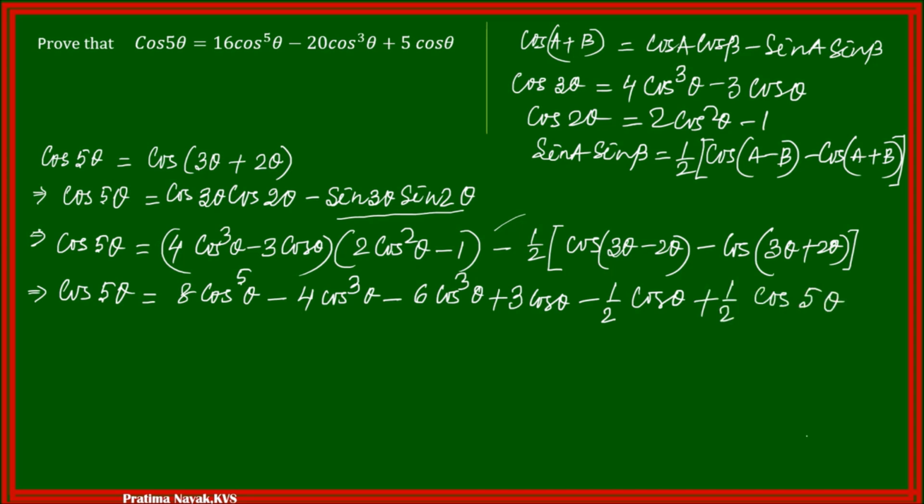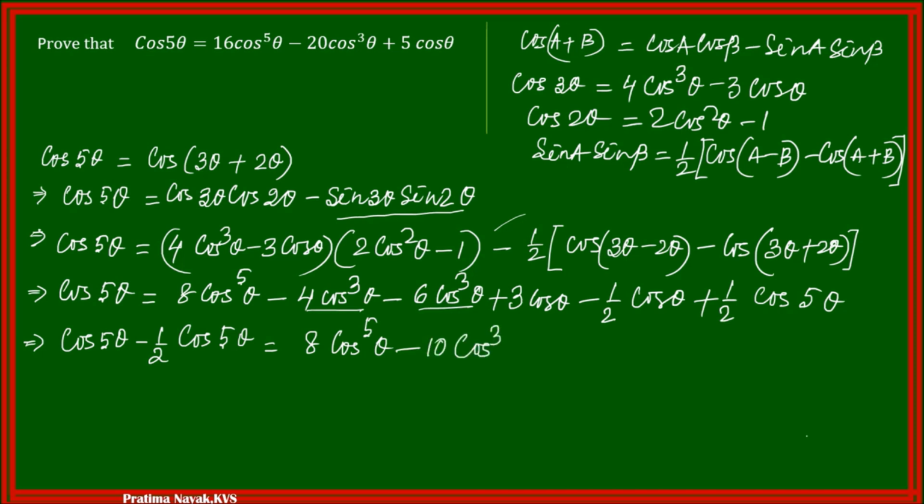So again I am getting a cos 5 theta term on the right hand side. So we'll shift to left hand side. So it will be cos 5 theta minus half cos 5 theta equals 8 cos power 5 theta, and these two will combine to give you minus 10 cos cube theta.